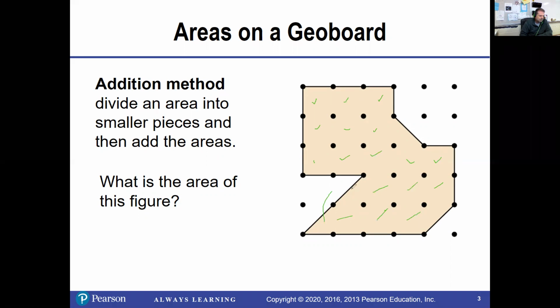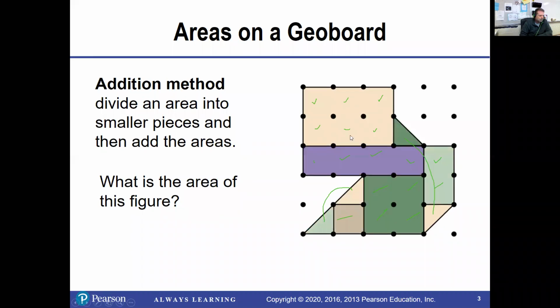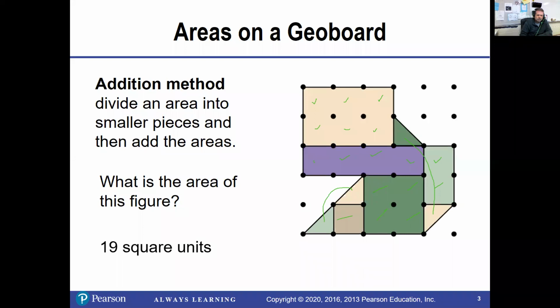There's 18 with those two added up. Here's a half, and there's 19. So that should give me a grand total of 19, correct? Let's see what I got. Got all those. There's your 19 square units. So that's a nice, easy way of doing some of that.